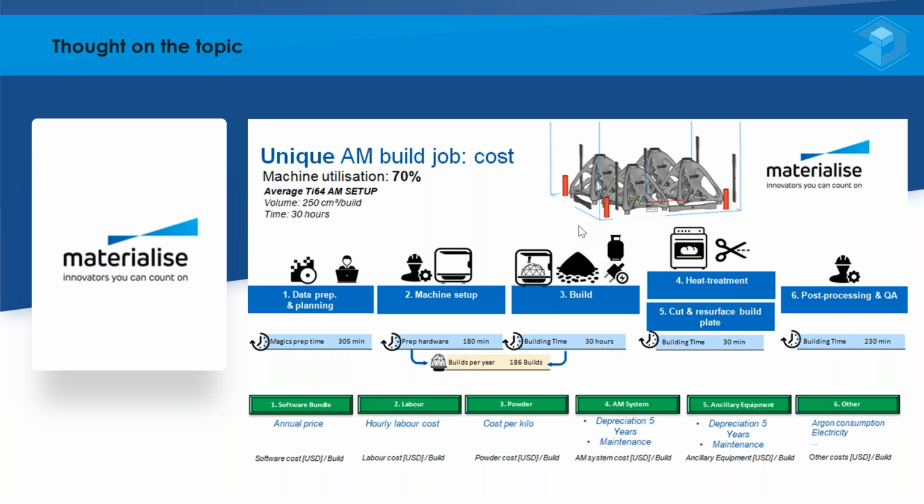Our development teams look at how we can further automate and make the whole process more efficient. In terms of what we're doing, we're looking at automation: how you can generate supports automatically, how you can nest parts automatically. We're looking at prevention. We are now developing software that will help you determine what can be printed and how to simulate it.